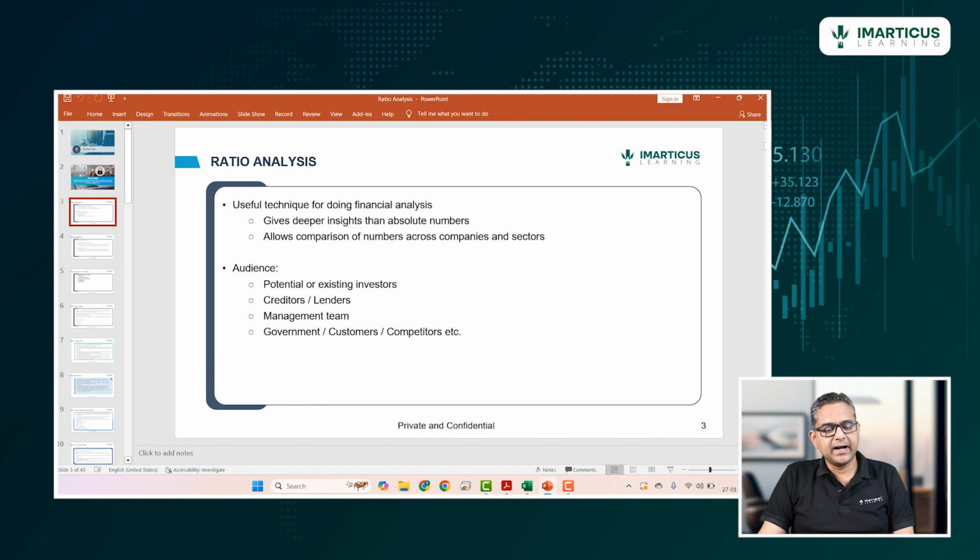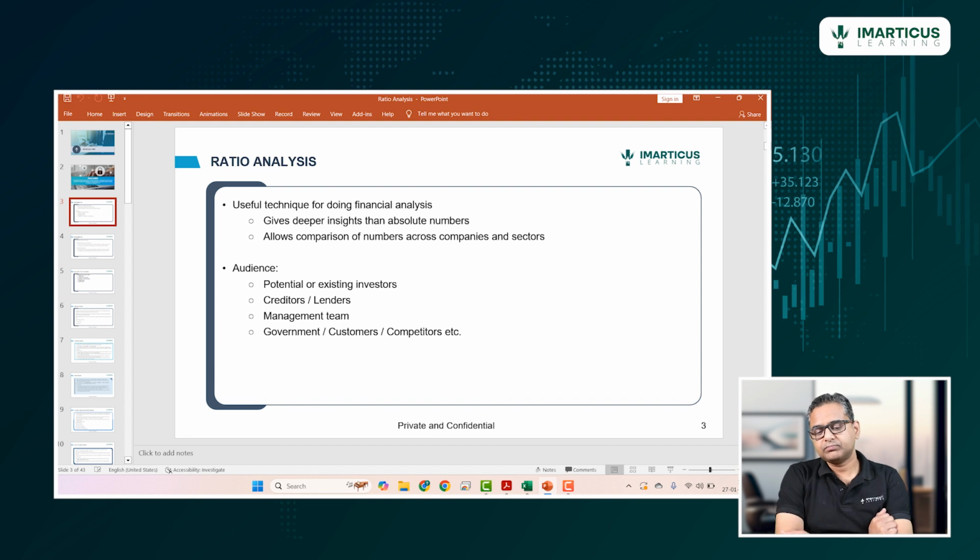Similarly, creditors and lenders want to look at ratios. They want to see them before giving a loan to any company. For example, a bank is planning to provide loans to Tata Motors or Infosys. Before giving any loan to these companies, they would definitely need to figure out the ability of the company to pay back, right?